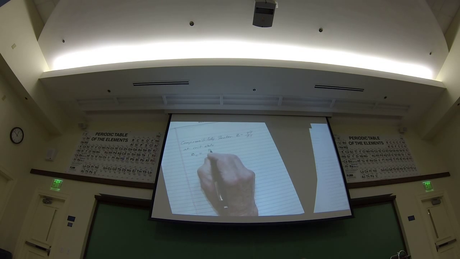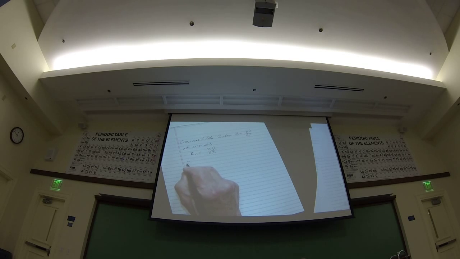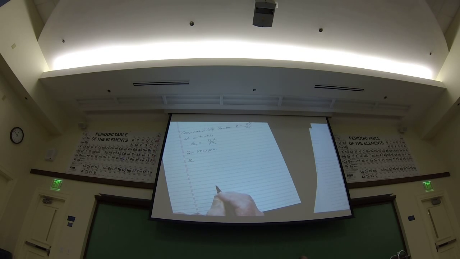At the critical state, it's PC VC over RTC. For a Van der Waals gas, the compressibility at the critical state is equal to a over 27b squared, times 3b, over 8a over 27Rb, times R. You can see a bunch of stuff is going to cancel out of that.